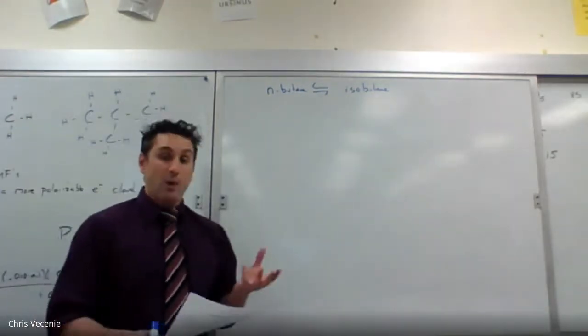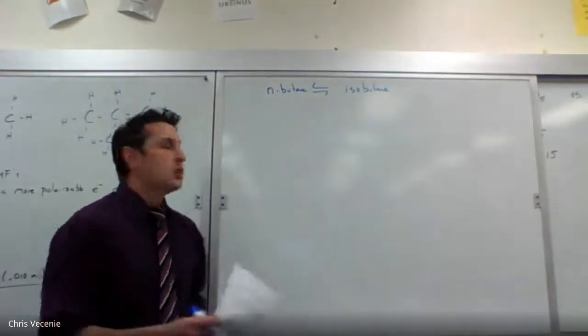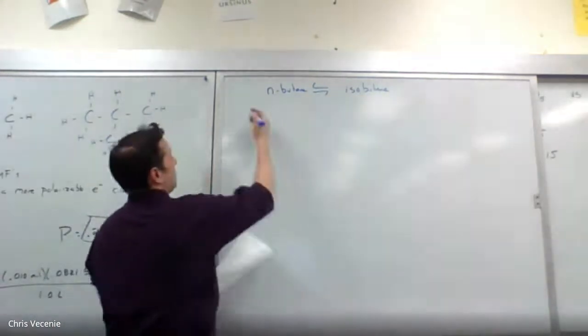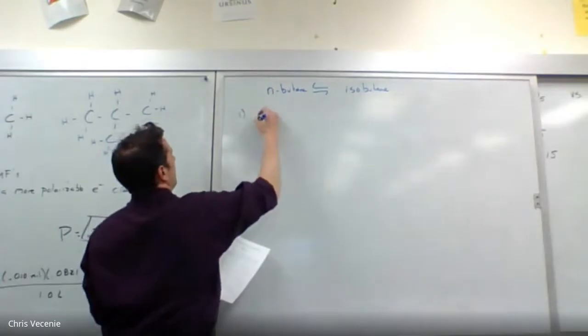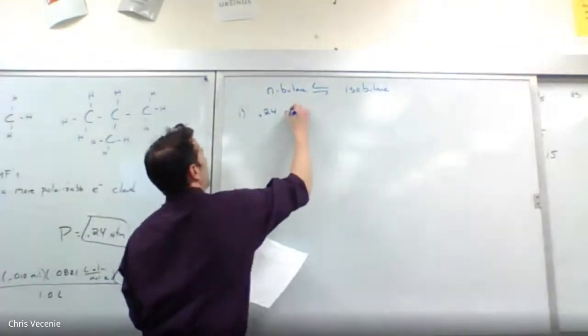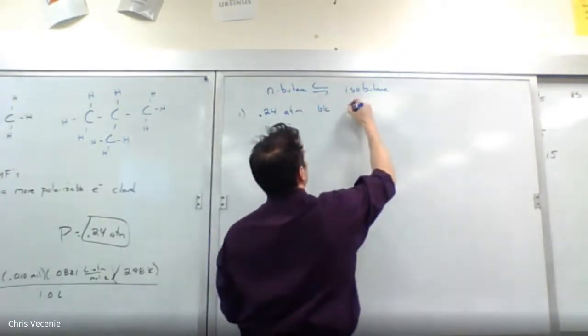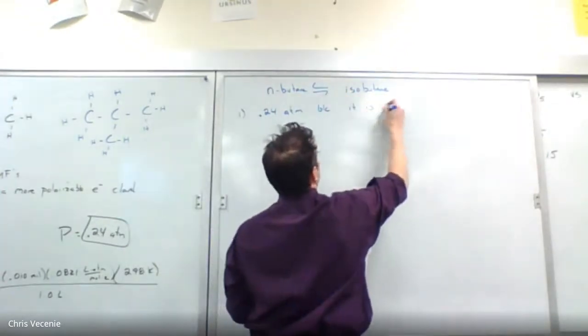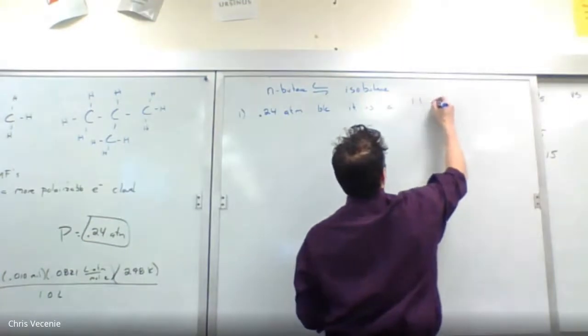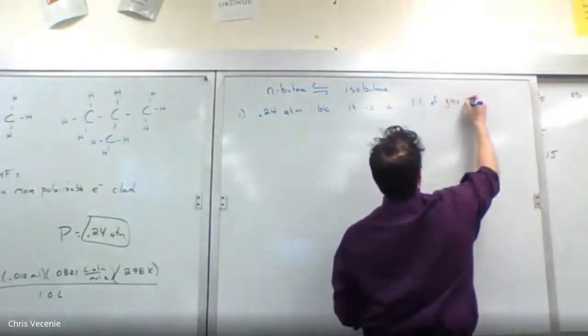They may be different molecules, but I will have the same total number. That means my pressure is not going to change. So it's going to be 0.24 atmospheres, because it is a 1-to-1 ratio of gas molecules.